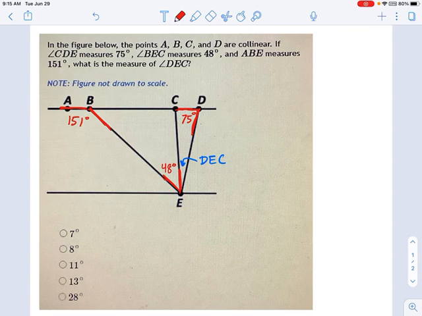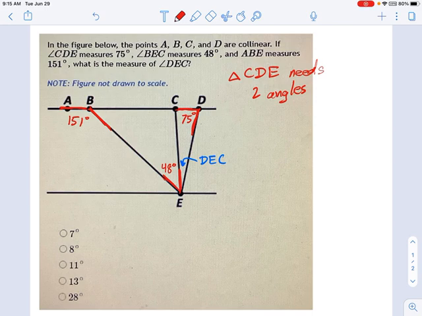That's just some basic triangle geometry. The trick is finding out two angles in triangle CDE. Once I have two angles in that triangle, I can figure out a third angle. So let's see if we can figure out two angles in that triangle.